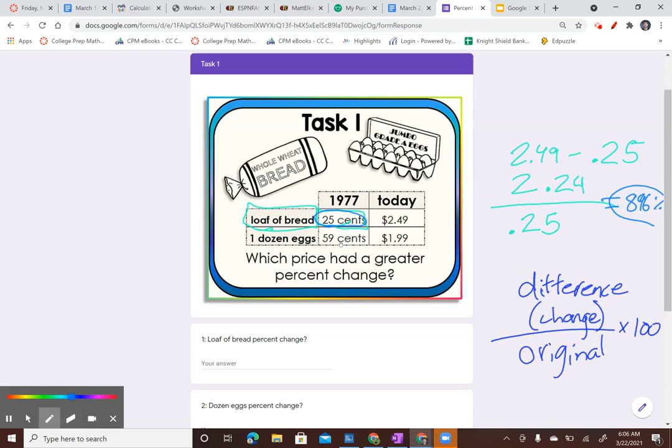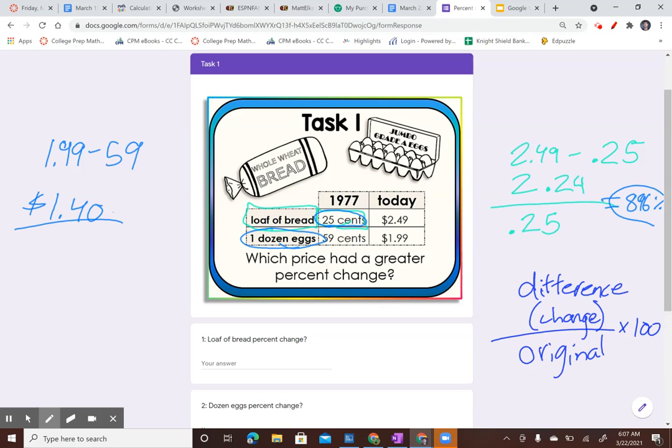All right, now I'm going to do the same thing for my dozen of eggs. So here I'm going to do my change, my $1.99 minus my 59 cents, the difference in price. So that's going to give me $1.40 for my change up top here. And then I'm going to do my original cost, which would be 59 cents.